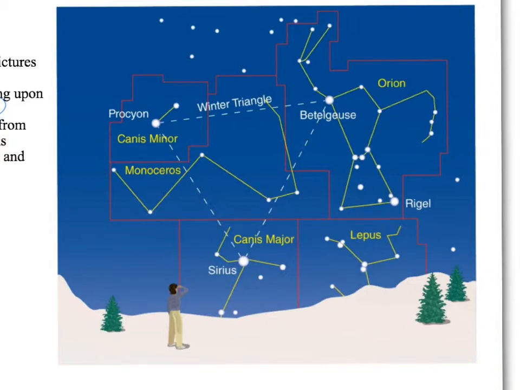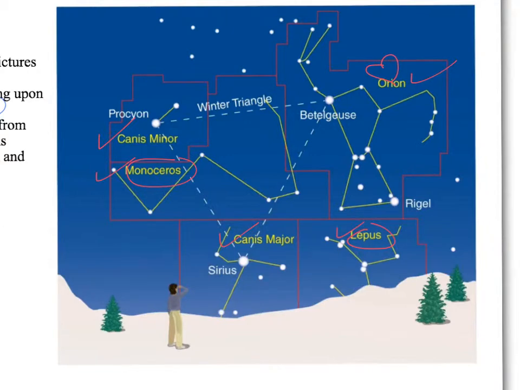So the constellations here are Canis Minor, Monoceros, Canis Major, Lepus, and Orion. To be honest, I don't usually pick out Monoceros, nor do I pick out Lepus, but I love the constellation Orion.